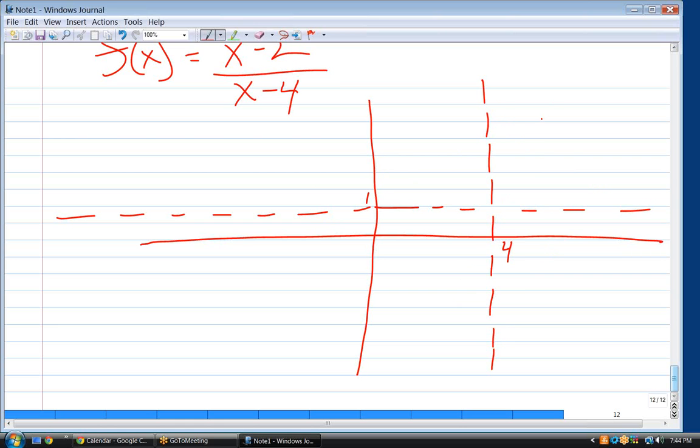How are we going to figure out whether we're up here or down here? Well, you can do the line test or figure out what the y-intercept is. How about if we were to put in a number to the right of 4?